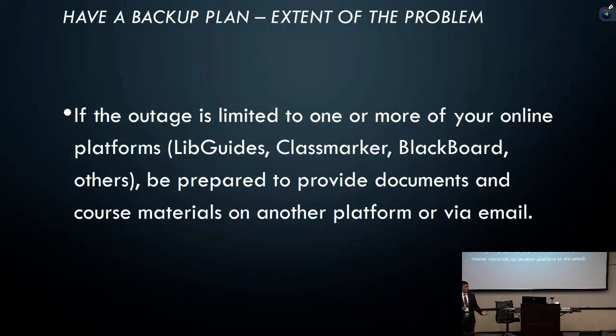And that might be using alternate services, that might be creating backups that you can send out to the students via email. So there are a couple different ways that you can address this.